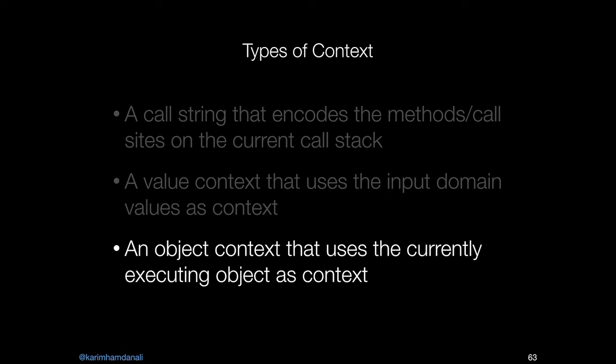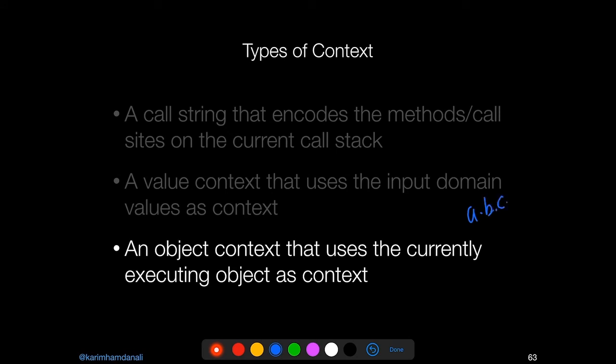So let's say you have some access path A.B.C.D.F, for example. Maybe I'm going to use my context as A.B.C.D, and then my method foo that I'm calling on this.